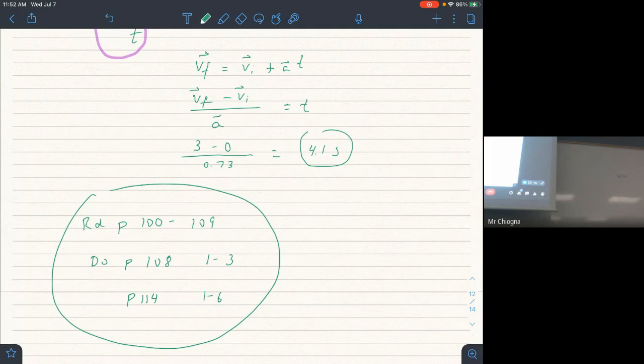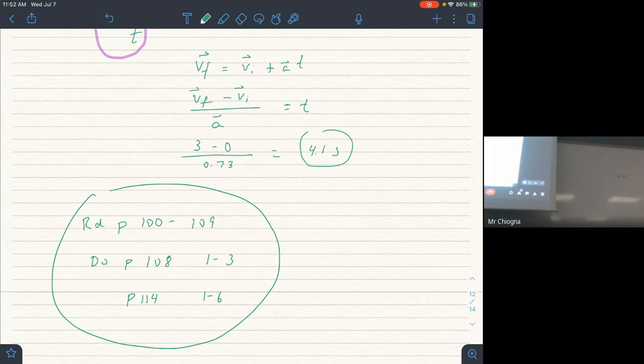Yeah, give me a minute. So again, page 108, 114 are in this handout.